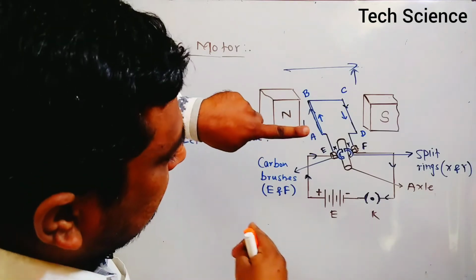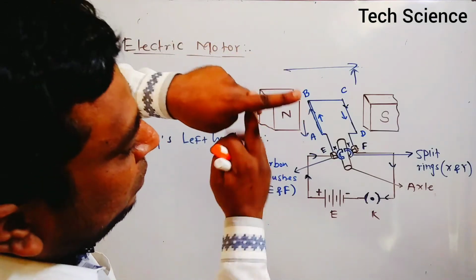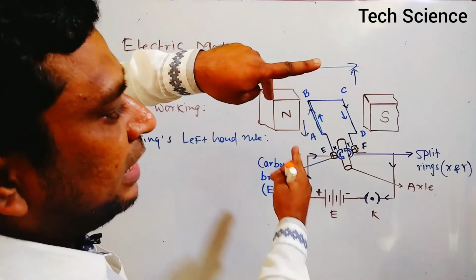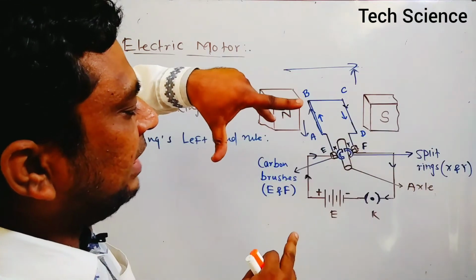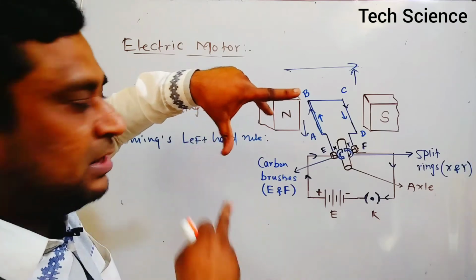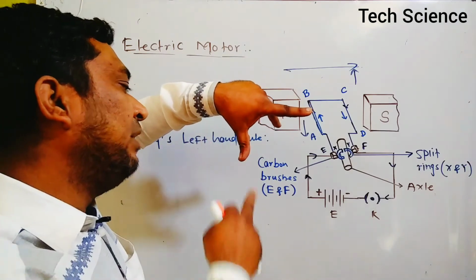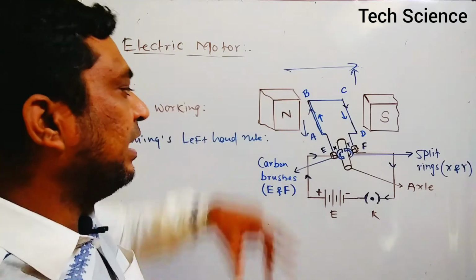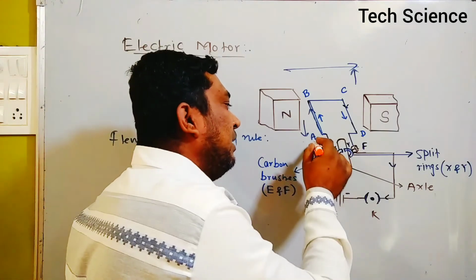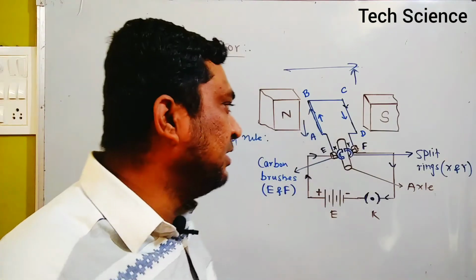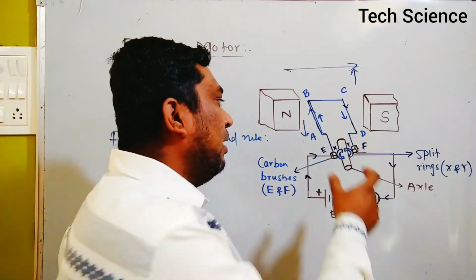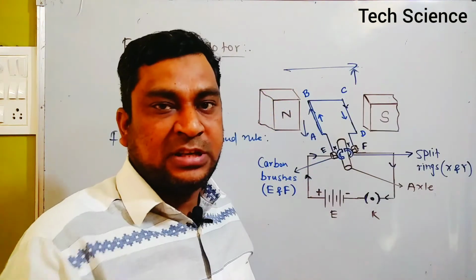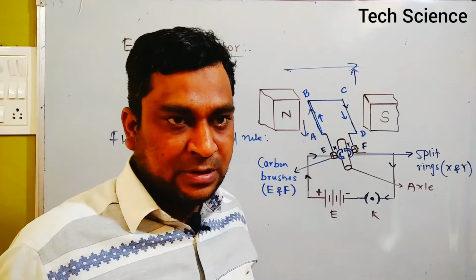In that case, the thumb is in the downward direction. That's why AB moves in the downward direction. In the same case, CD is in the upward direction. And now this rectangular coil starts to rotate.